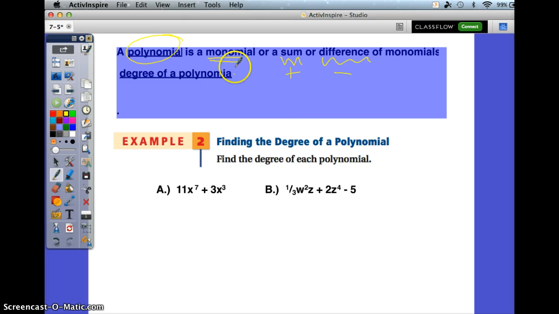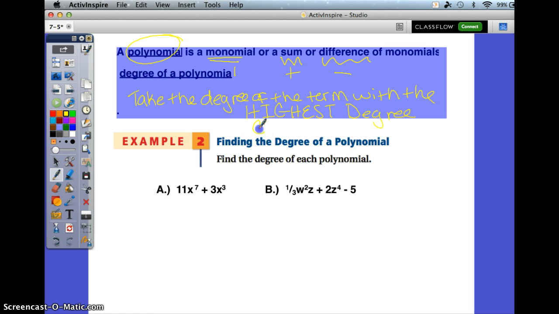To find the degree of a polynomial, you take the degree of the term with the highest degree.